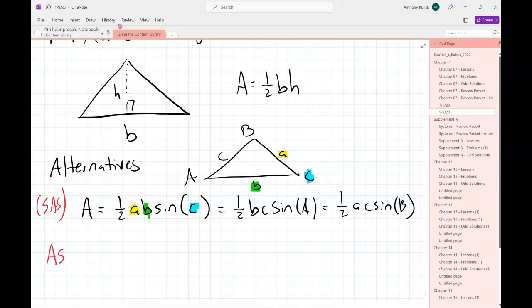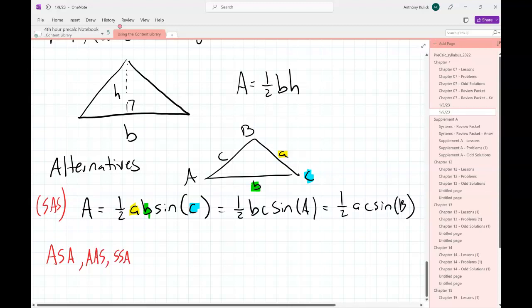Can I use this if I have angle, side, angle, or angle, angle, side, or side, side, angle? Not quite.